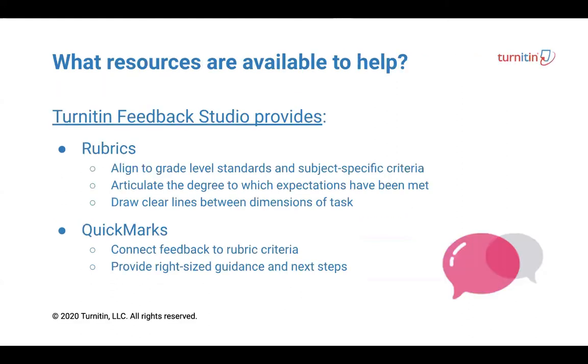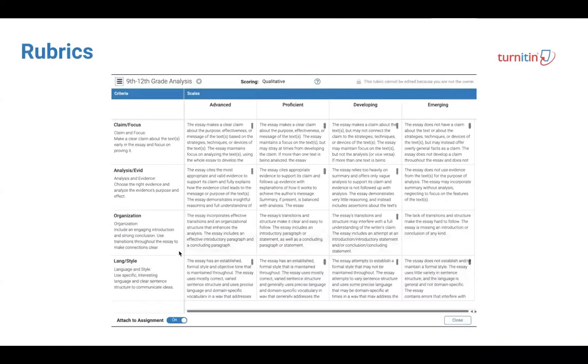Turnitin Feedback Studio is aligned to these best practices and offers several features to help instructors, coaches, and administrators communicate consistent expectations to students and staff. Rubrics illustrate multiple dimensions of a task and establish objective criteria for exceeding, meeting, and falling short of proficiency.